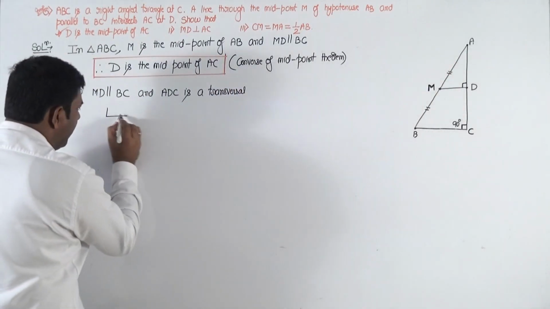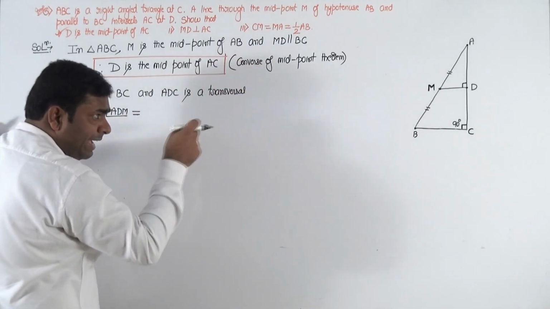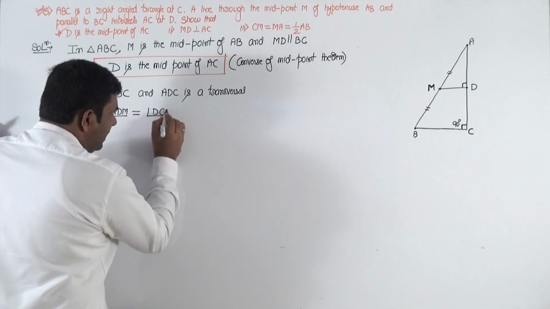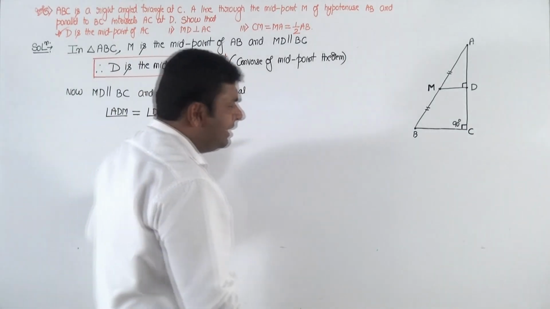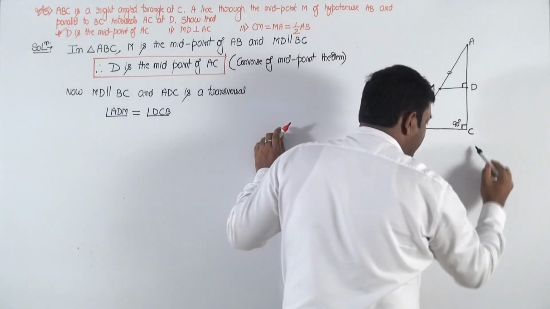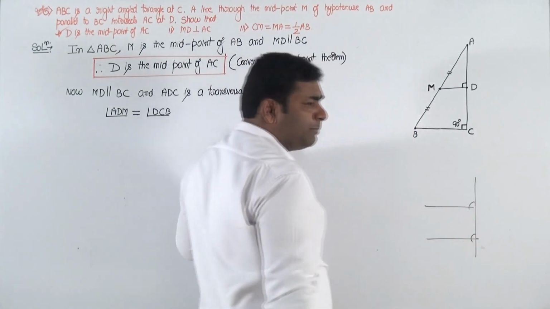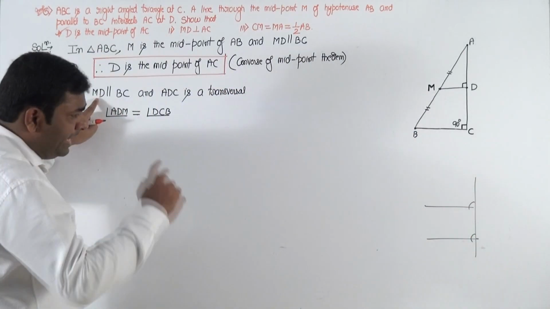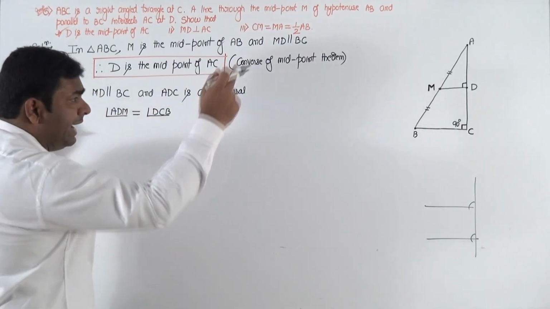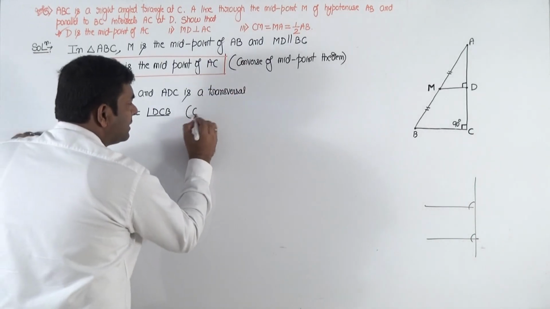Therefore angle ADM is equal to DCB. ये दोनों पैरेलल लाइन्स है, ये ट्रांसवर्सल है. So this angle and this angle are corresponding angles. So MD is parallel to BC and ADC is a transversal. So ADM is equal to DCB. What is that? Corresponding angles.